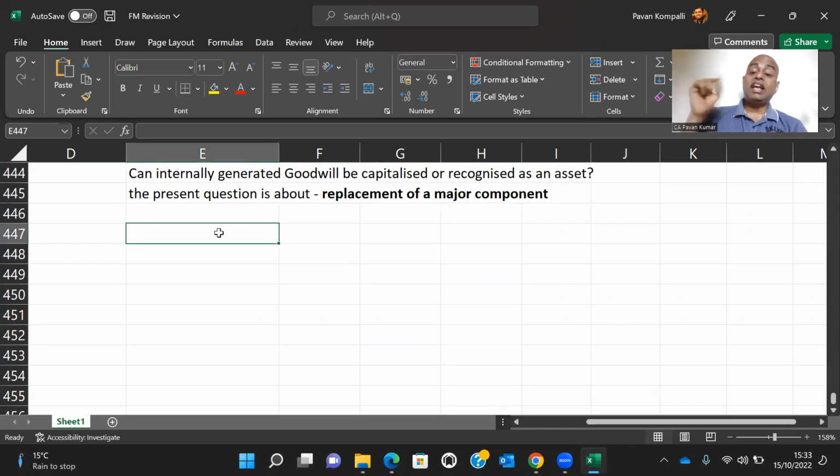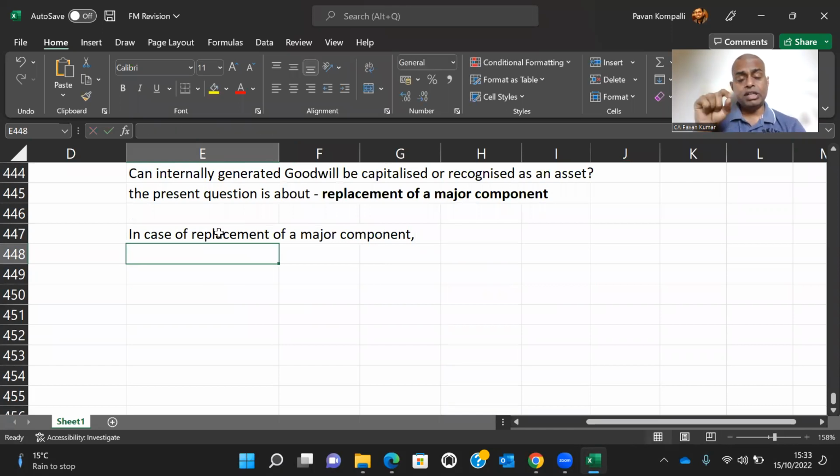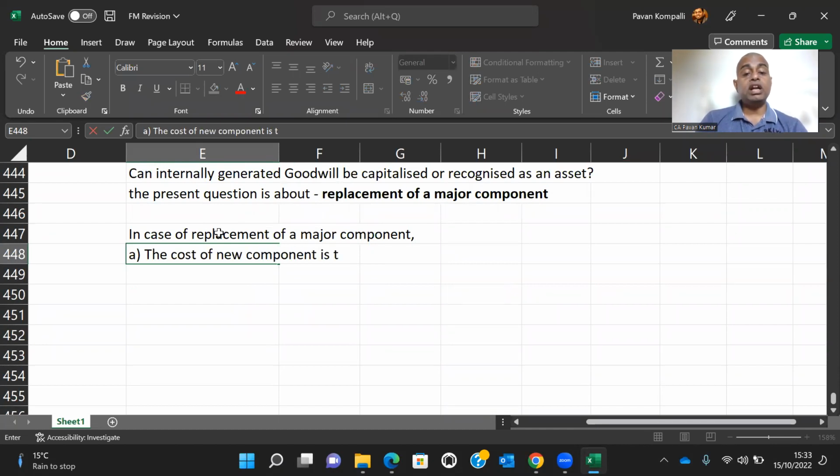Now, in case of replacement of a major component, what is the accounting treatment? A, the cost of the new component is to be what? Capitalized, recognized, derecognized, added, subtracted?